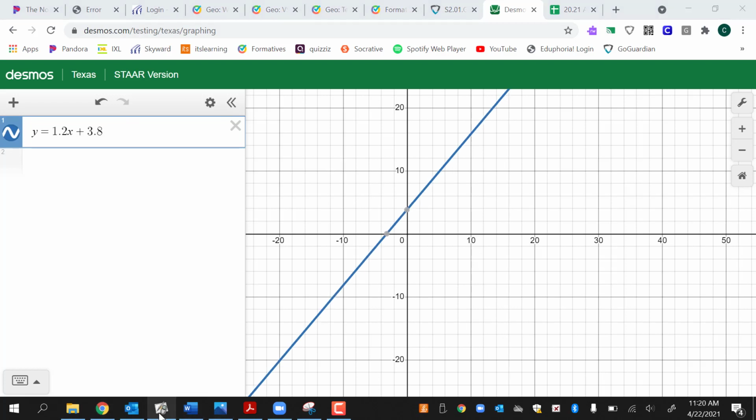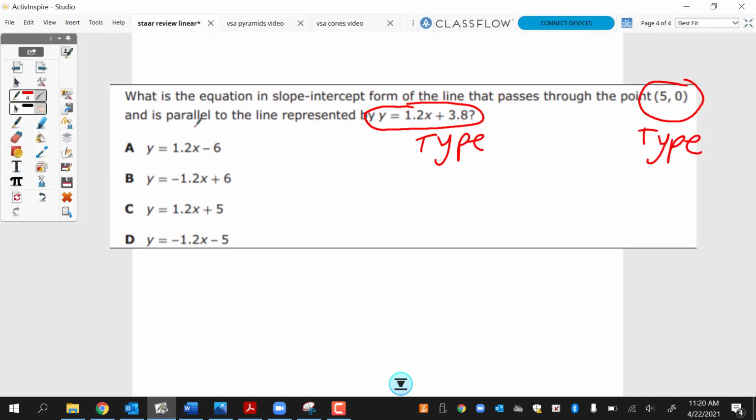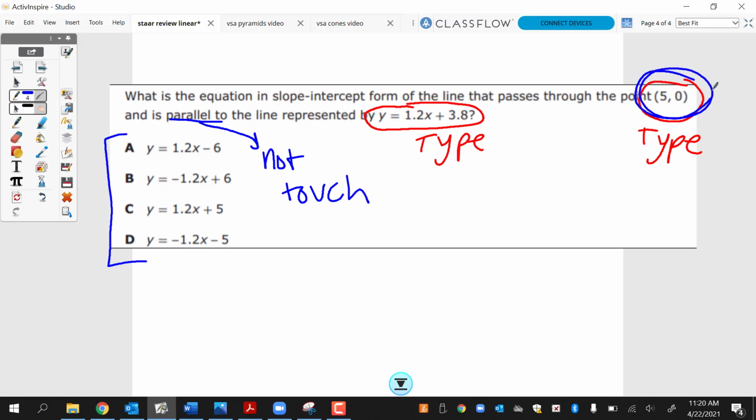That's what it said, right? Yes. And then in the next line, I'm going to graph 5, 0. Great. Okay. So I want parallel. Parallel means they're never going to touch. And whatever my answer choice is has to go through this point. So I'm checking that it doesn't touch and it goes through this point.